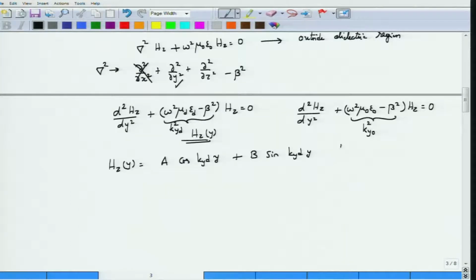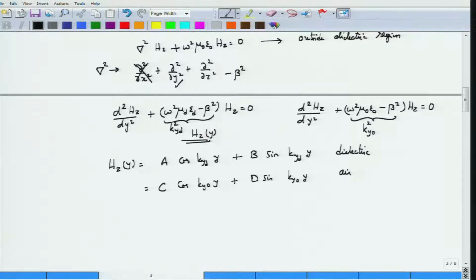Now this is for the dielectric region, correct, and for the air region or outside the dielectric, the solution will be some c cos k_y0 y. Sorry, I made a small mistake here, it must be k_yd, with d just the subscript for ky, plus d sin k_y0 y. This is for the solution in air.